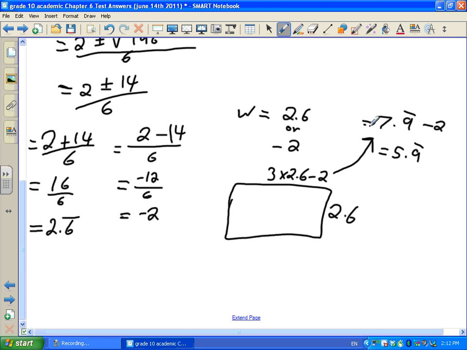So 2.6 repeated times 5.9 repeated is 15.99999, so it works out to be almost perfectly 16. Okay? So, our dimensions, the width is 2.6 repeated and the length is 5.9 repeated.